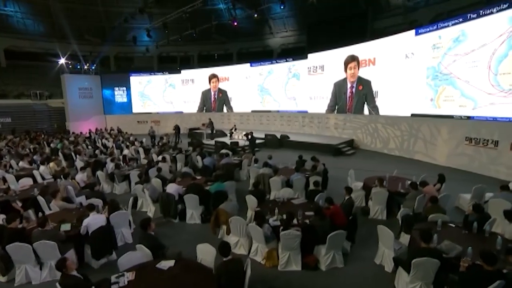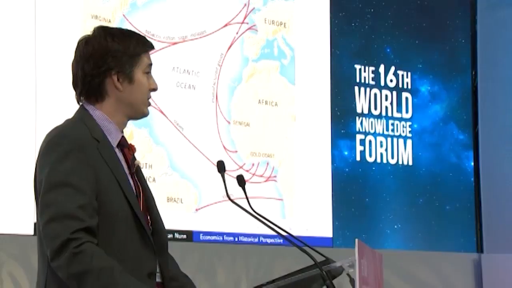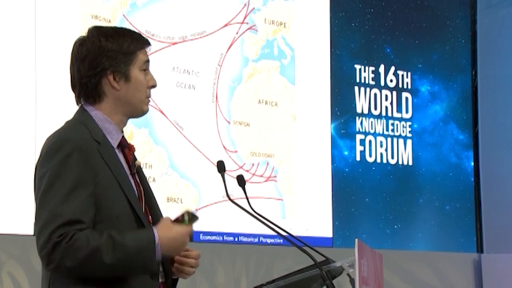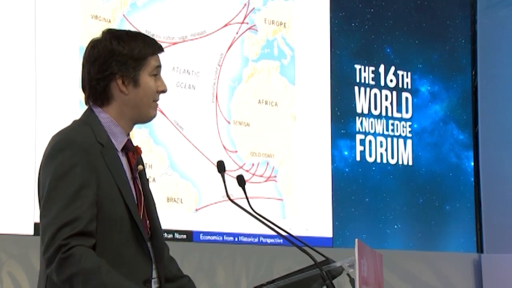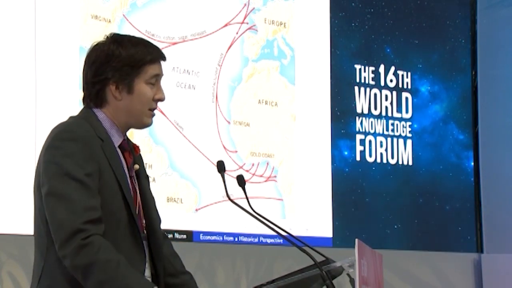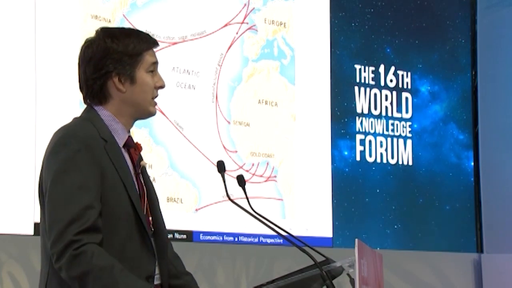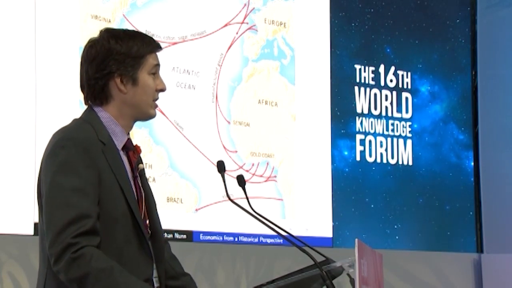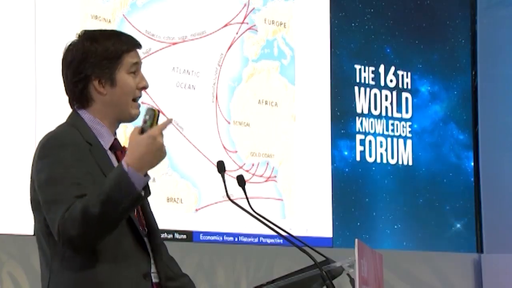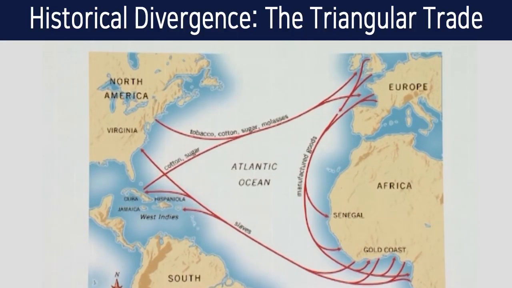Well, in 1492, Christopher Columbus discovers the Americas. In 1488, the Portuguese sailed down the coast of Africa and round the Cape. And very quickly after these discoveries, a triangular trade is established, a trade between Europe, Africa and the Americas. Europe ships manufactured goods like textiles to Africa.